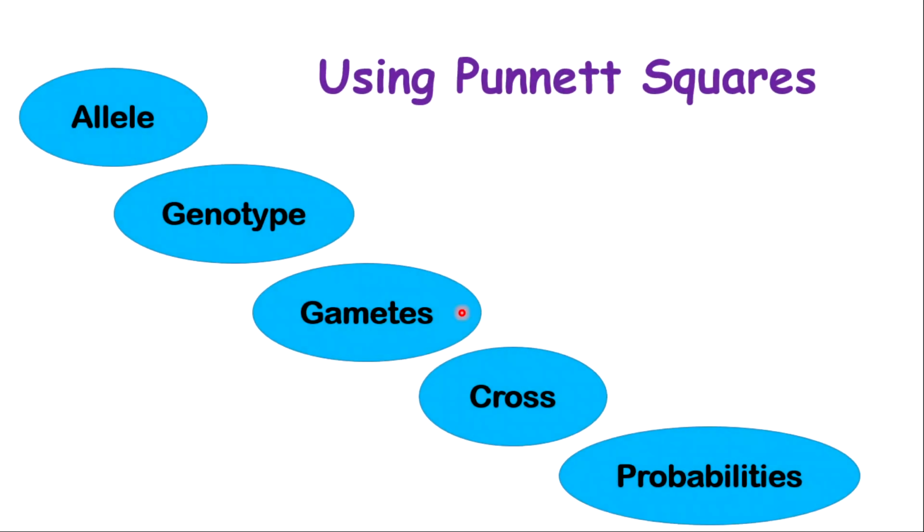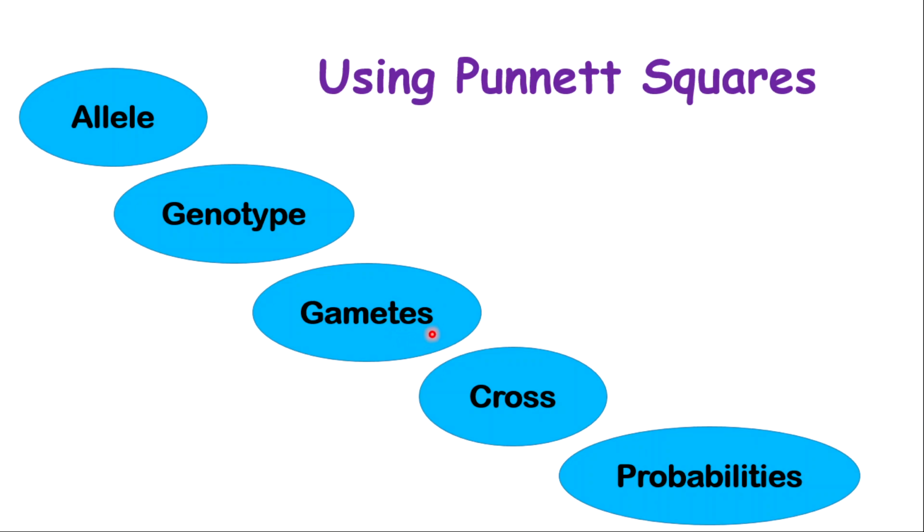Now, an outline to use to assist you in answering these questions is to follow these simple steps. First, you determine your allele, then you determine the parental genotype. Notice the genotype of the parents, and then you determine the possible gametes that you can get from those parents.